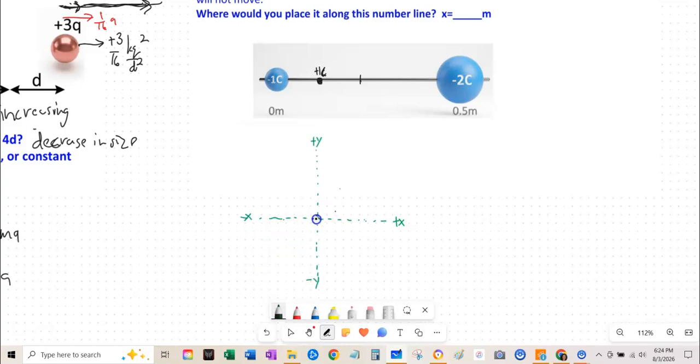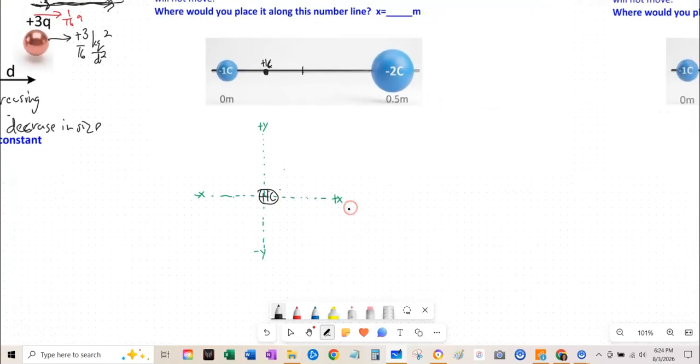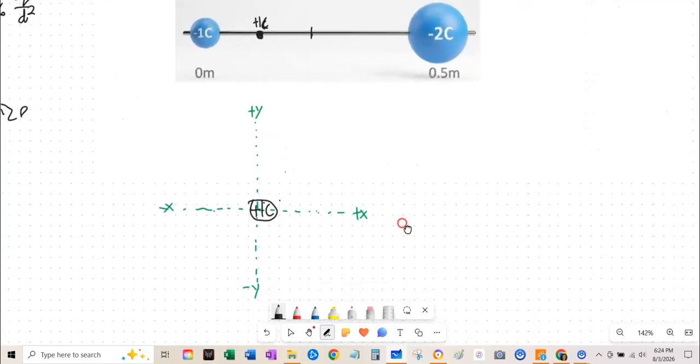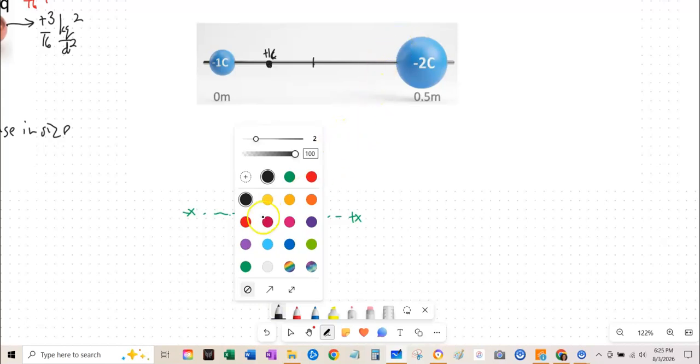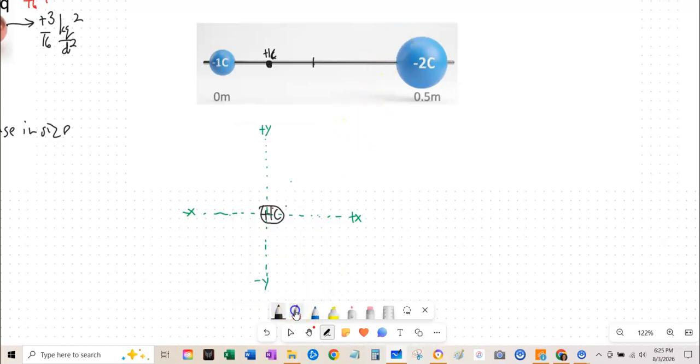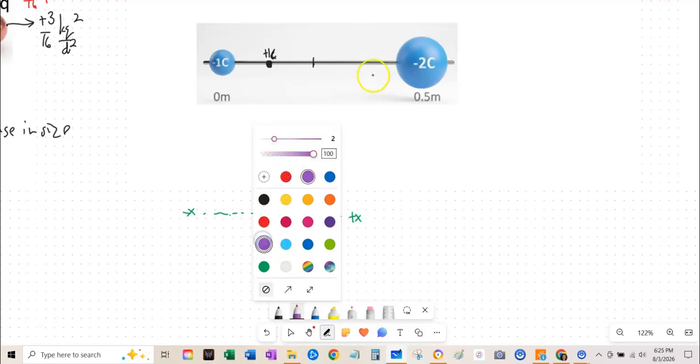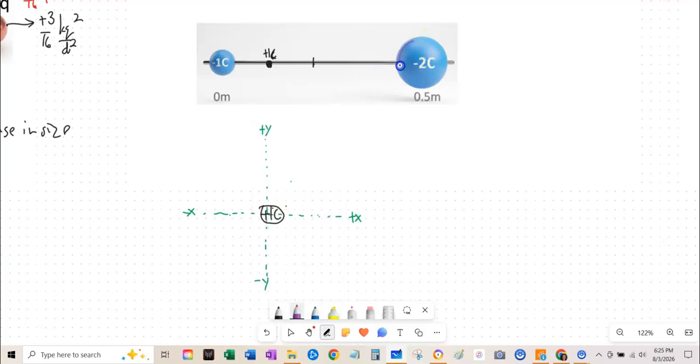Now, we put our +1 Coulomb charge right here in the center, and then we're going to do a little force diagram on it. We're going to be putting it in such a way that the force to the right has got to be equal to the force to the left. Okay? So I'm going to make one purple. This is our purple -2 Coulomb charge. It's going to be pulling the +1 Coulomb charge to the right.